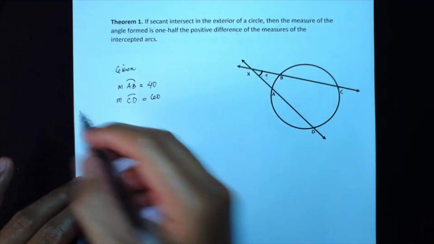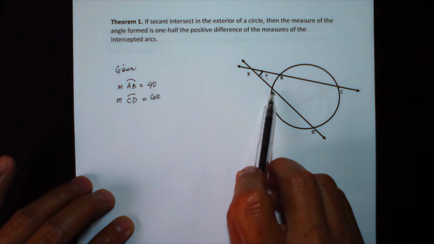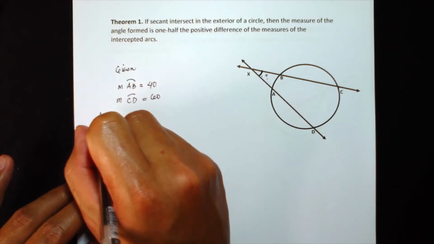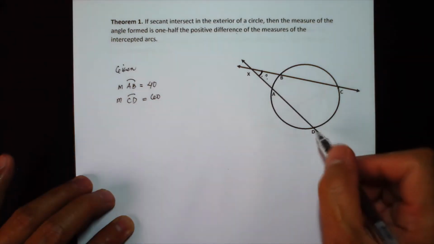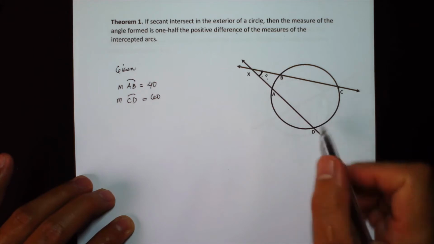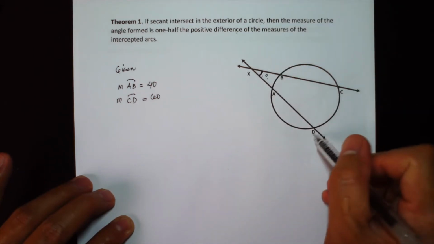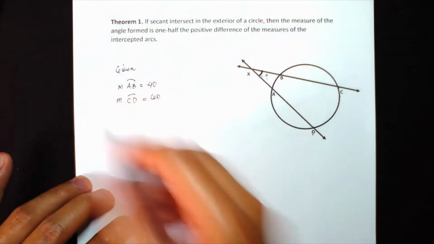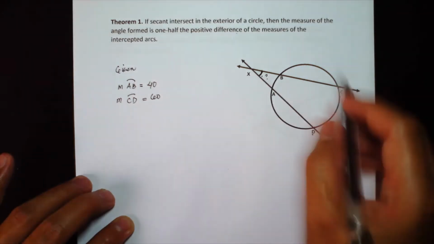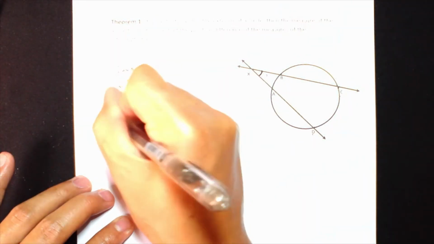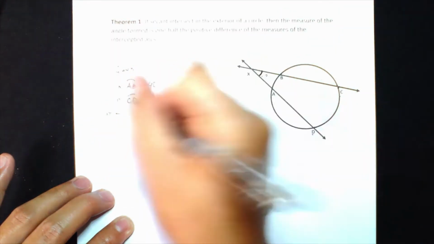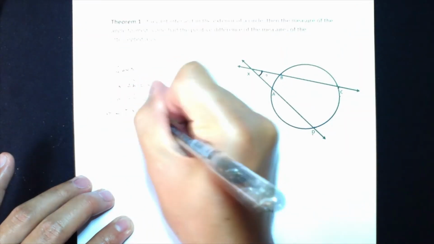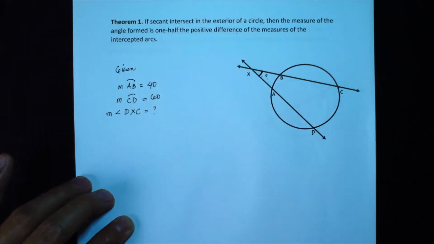What is the measurement of angle AXB? Since it's an angle, let's name it as a whole, angle DXC, still that is the angle. So the question is the measurement of DXC.